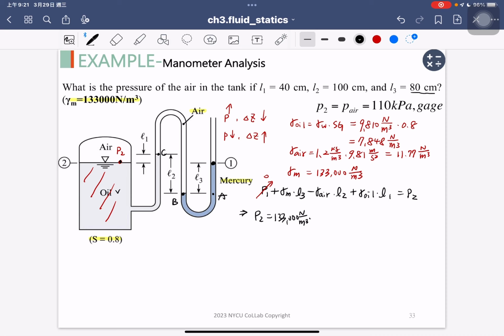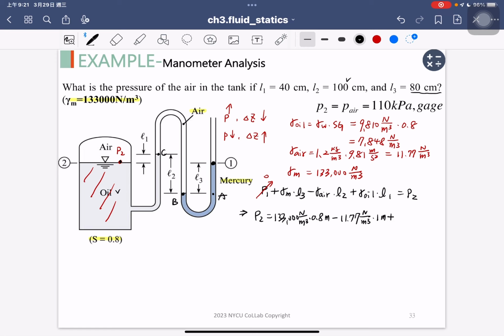L3 is here, so it's equal to 0.8 meter, minus 1.77 Newton per meter cubic, and the L2 we have here is 1 meter, and plus the gamma oil.